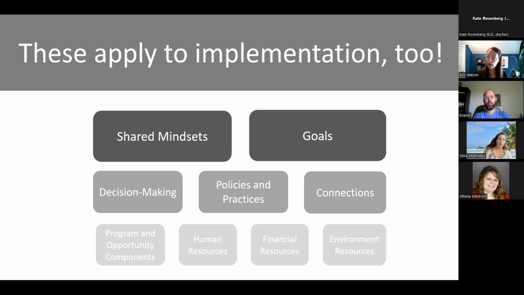You can go one by one and think about, to what extent are these things currently helping, so will support implementation, or in what ways will they be stumbling blocks that we need to design additional things into our strategies to tend the soil. That might have to happen first before you can even get to launching your strategy. This is anticipating and addressing potential implementation barriers related to this stuff before they happen.